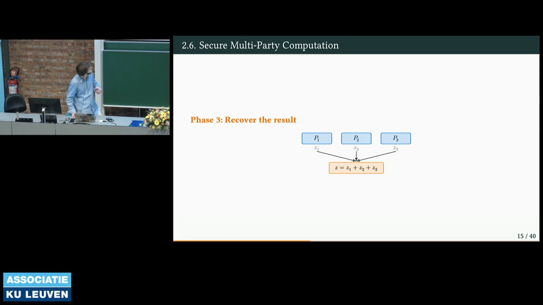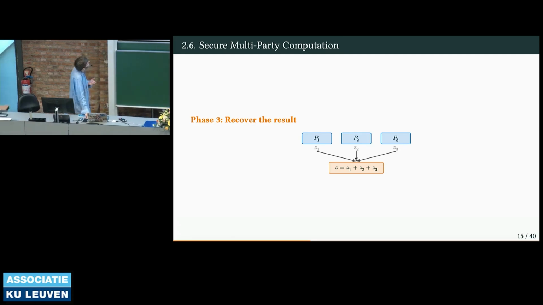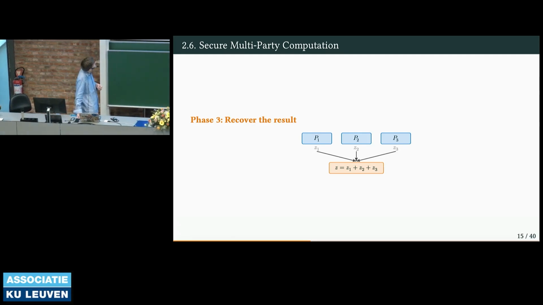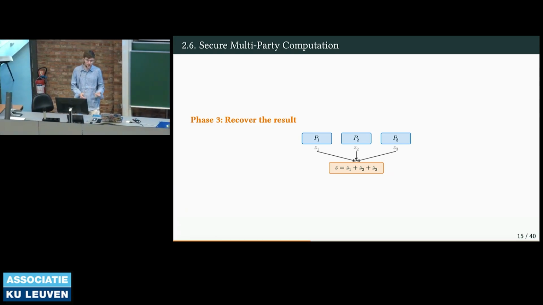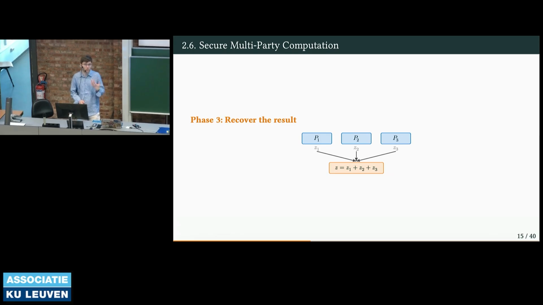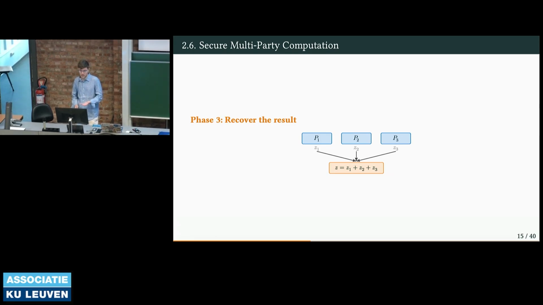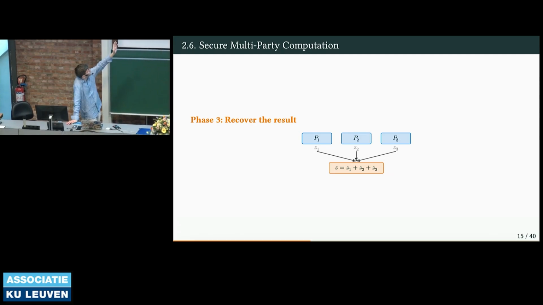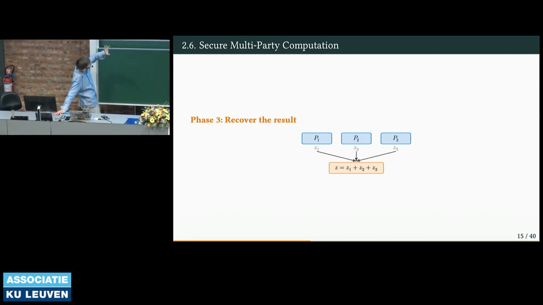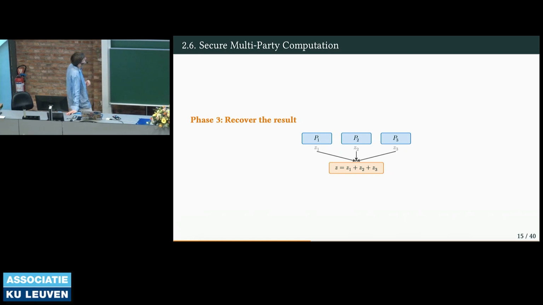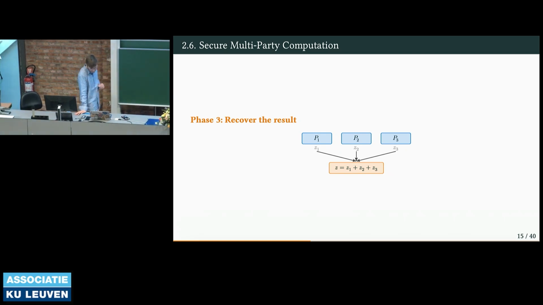And finally, they can recombine their shares of the output so that whoever gets all the shares can recreate it. Again, there's a lot of flexibility to decide who gets the shares. You can send different outputs to different parties. You can send one output to a third party that's been identified. Very flexible at this stage.